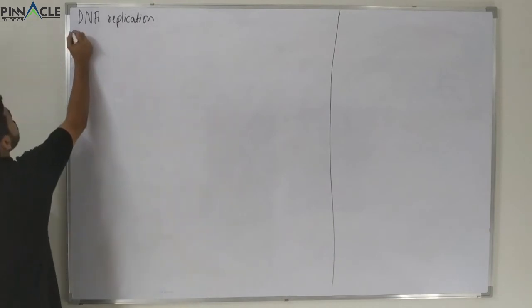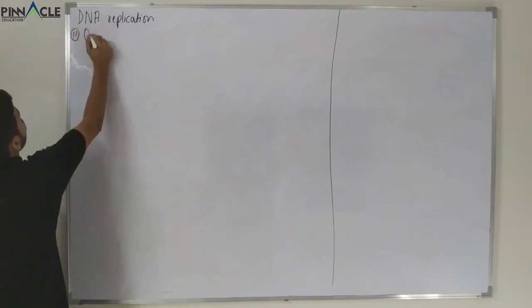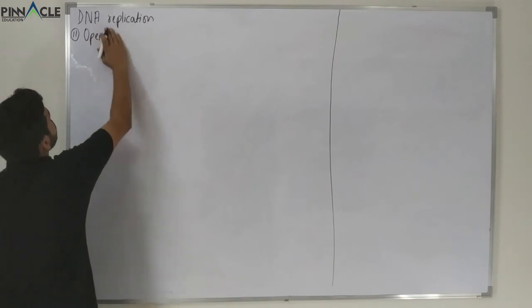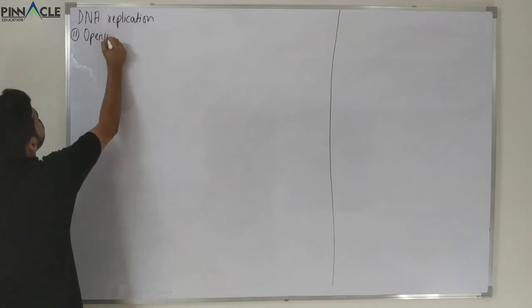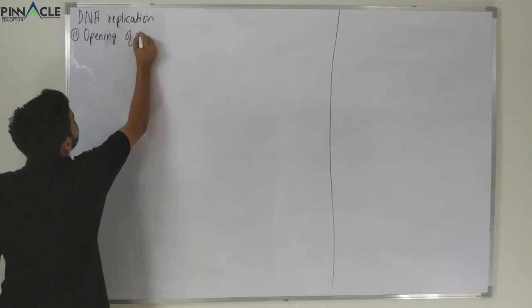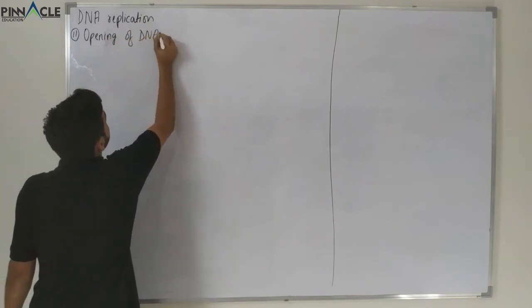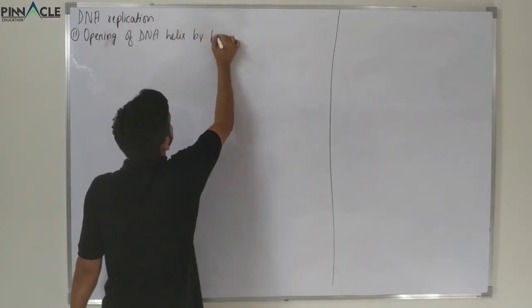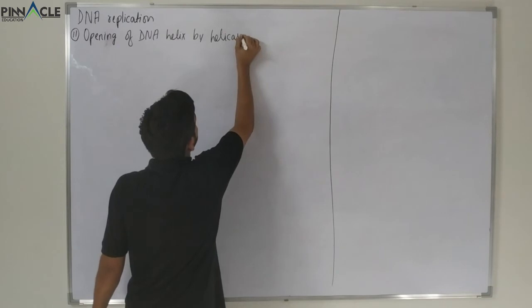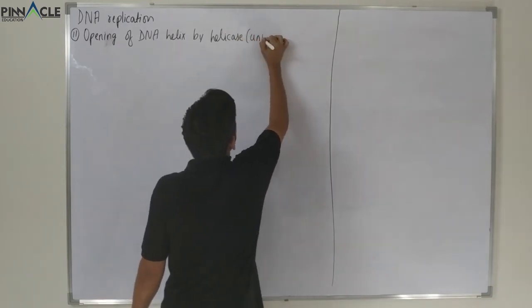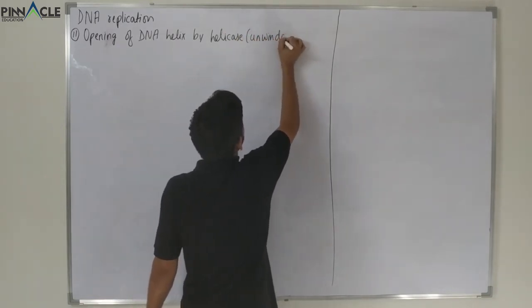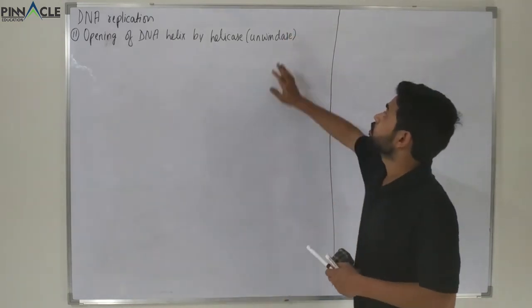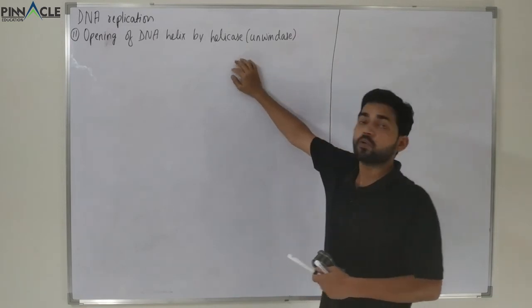The second step that is occurring is opening of the DNA helix. This enzyme, which is also called unwindase, helps in opening of the DNA.